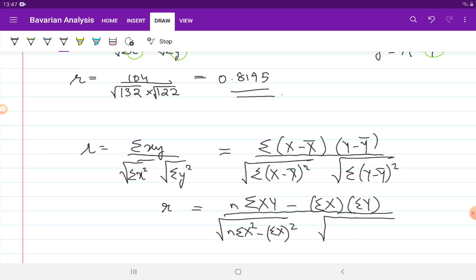Similarly, under the second root you have n times sigma y square minus sigma y the whole square.